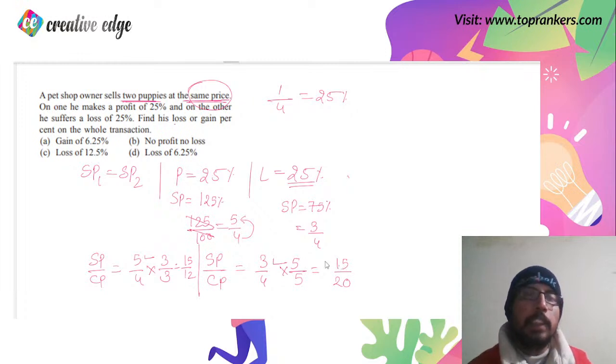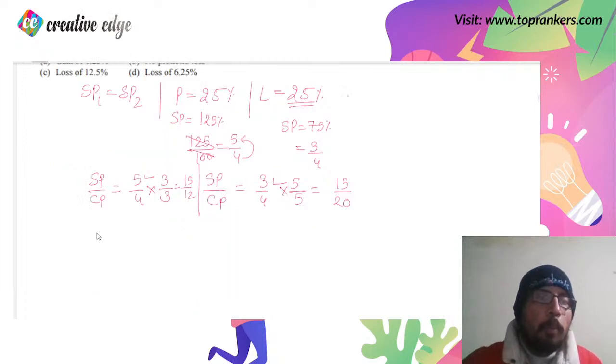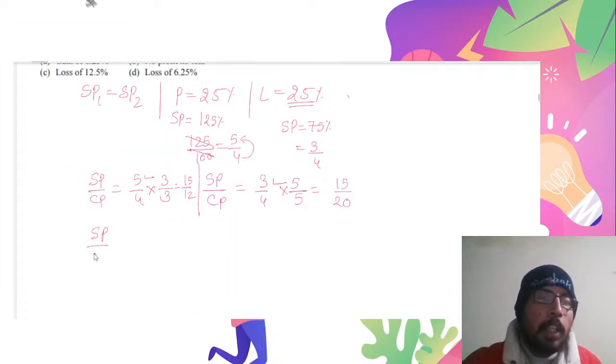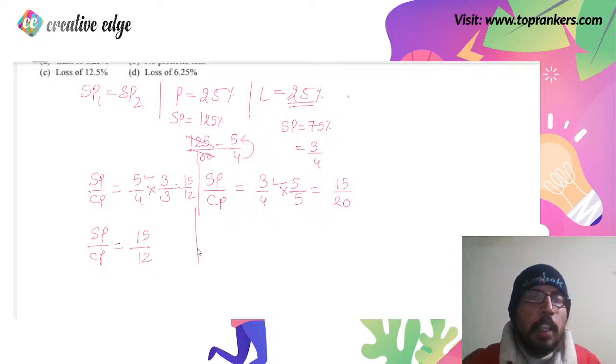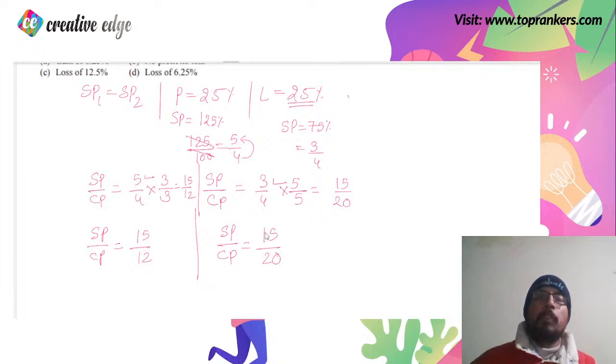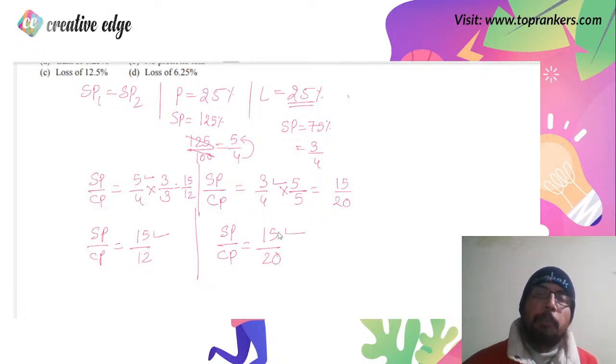Now I can see that in the first case, the ratio of my SP to CP became 15 by 12, and in the second case, the ratio of SP to CP became 15 by 20. So I have made my selling price the same.